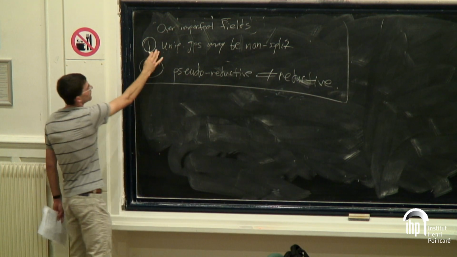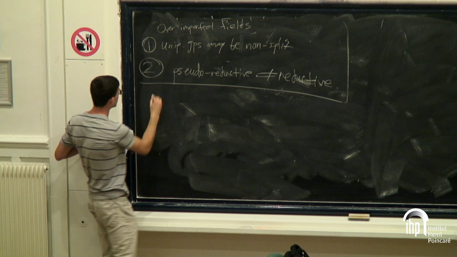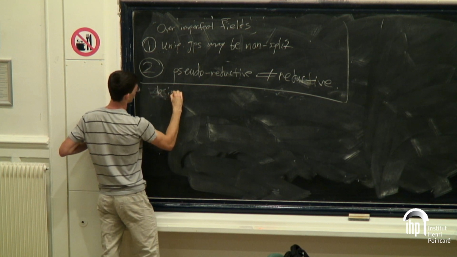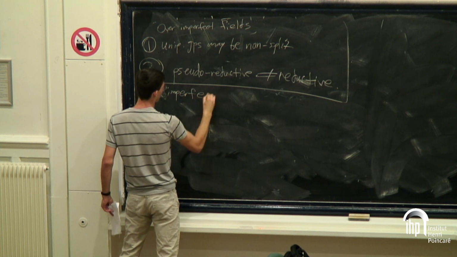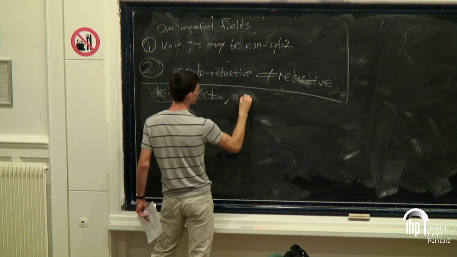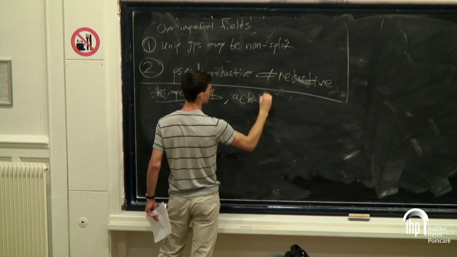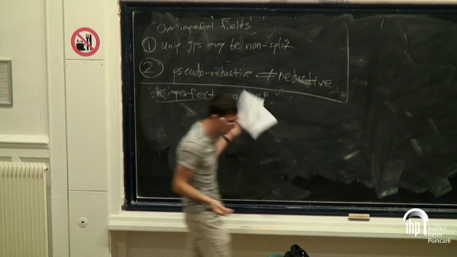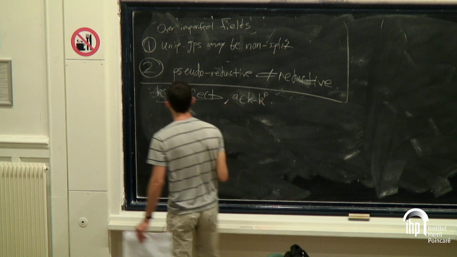All right, so here's an example of the first phenomenon over any imperfect field. Let's say that K is imperfect, and let a be a non-pth power in K. It's an element of K that doesn't have a pth root. That's what it means to be imperfect, that there is such an a.